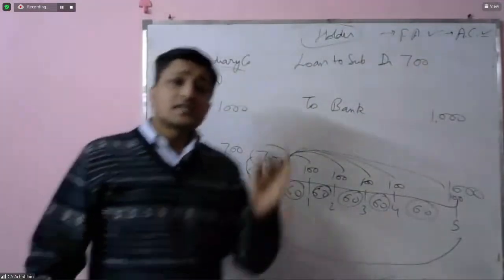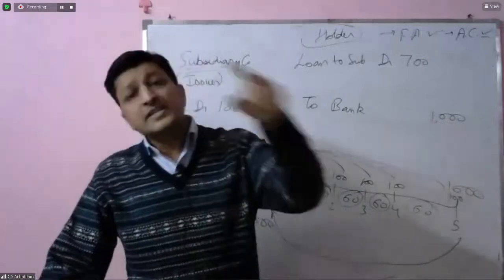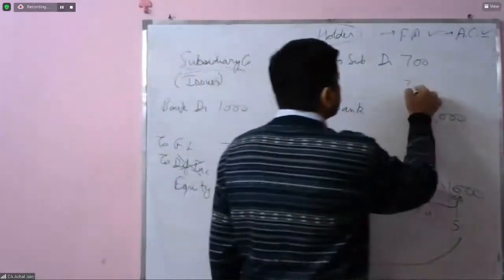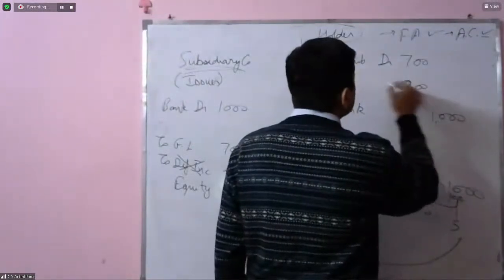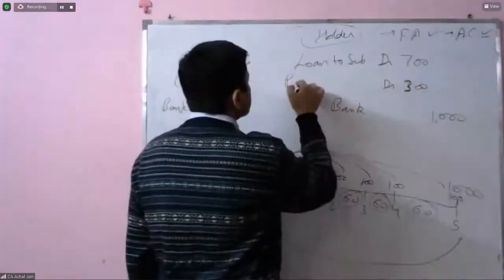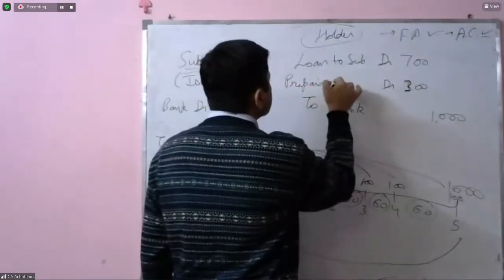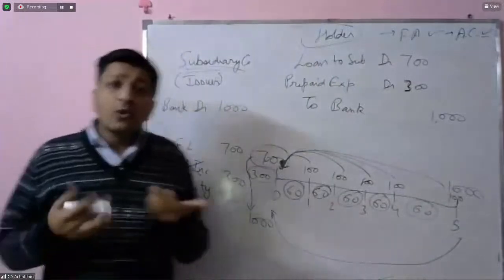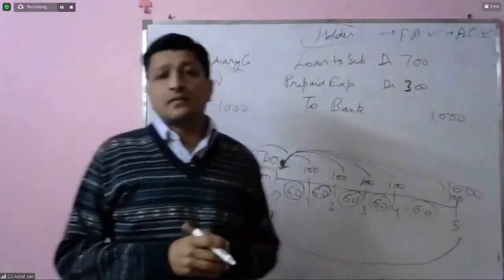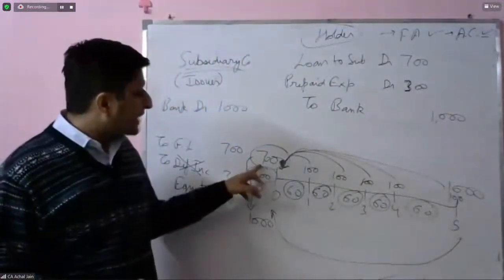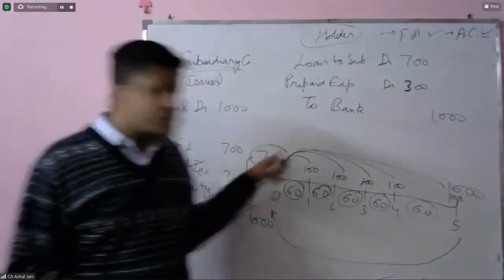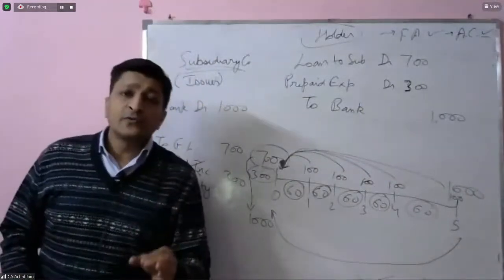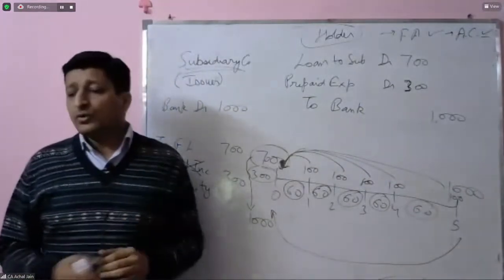When we discussed a similar example in case of lease deposit given by the holder, the difference of rupees 300 was taken by us to prepaid expense. Therein we said that it's a kind of loss which the holder has done. Why? Because he should have ideally given 700, which should have become 1000 at the end of the 5th year, and which would be the right way to do the accounting.